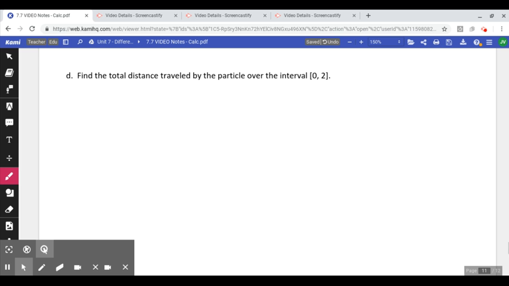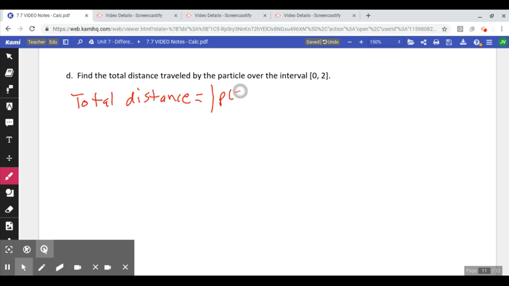Part D says find the total distance traveled by the particle over the interval 0 to 2. And the total distance here is going to be a little different because the particle changes directions over that interval. So if we want the total distance, we're going to have to break this up into 2 net distances.